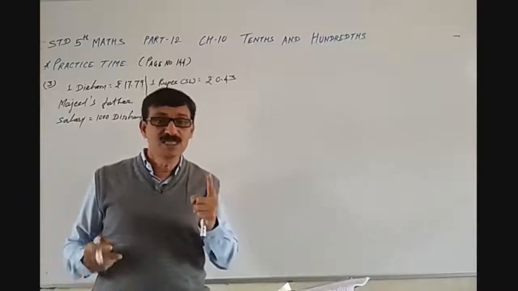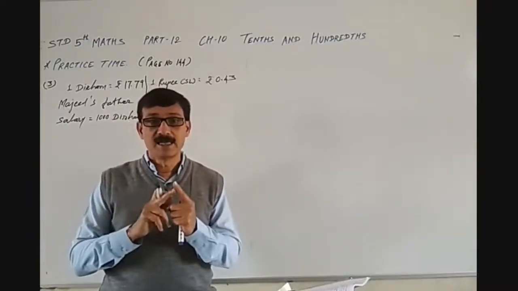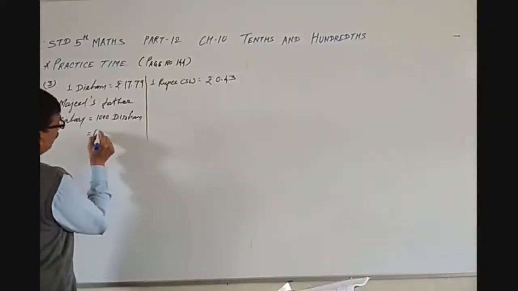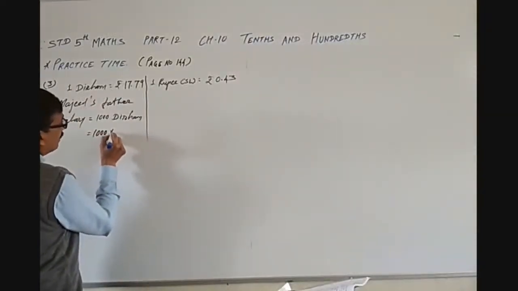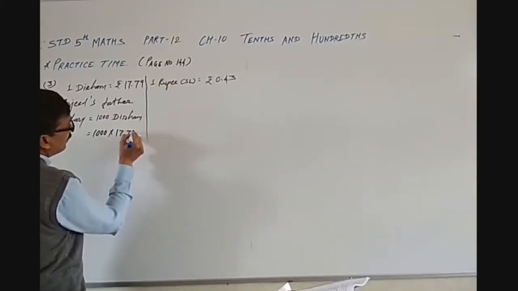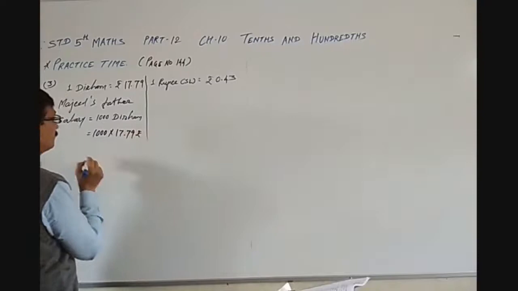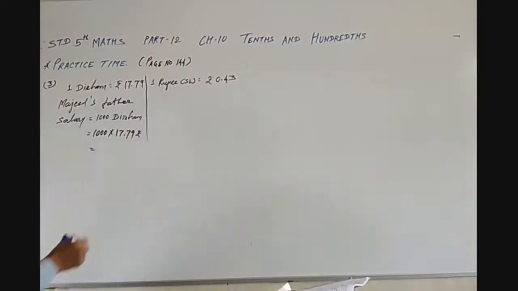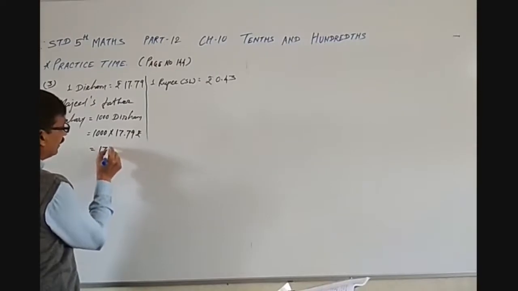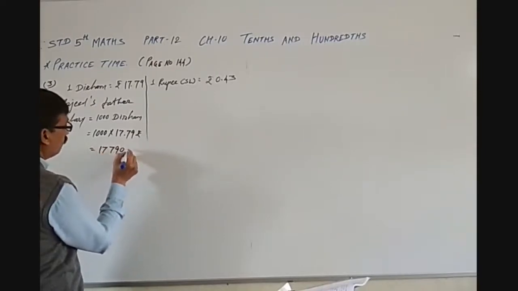If 1000 dirham is there, then I will get 1000 multiplied by 17 and 79 rupees, isn't it?